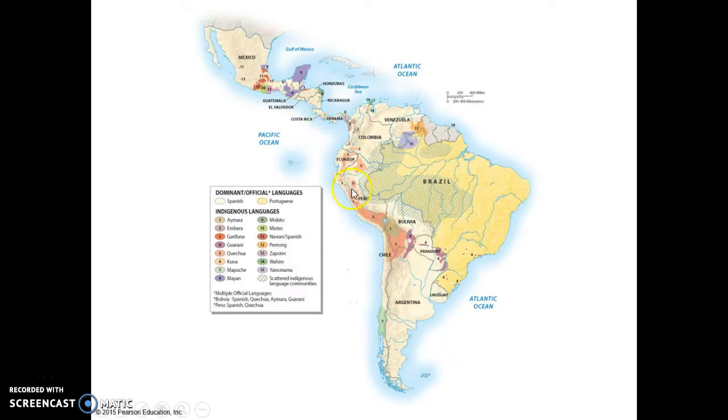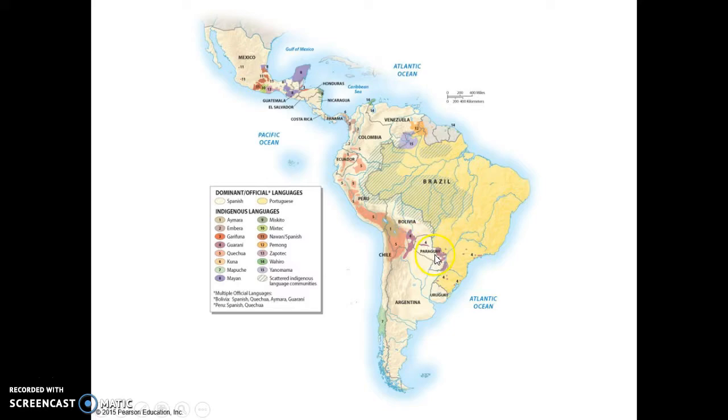Going down here, we see a lot of people who speak the Quechua languages, and these are people who live in the highlands of the Andes. So from Ecuador to Peru to Bolivia, that's where most of the Quechua people live.